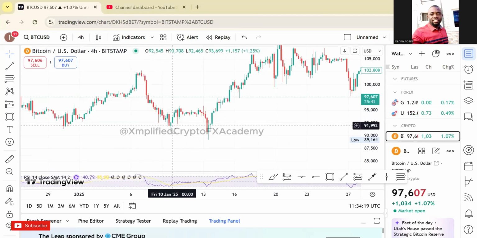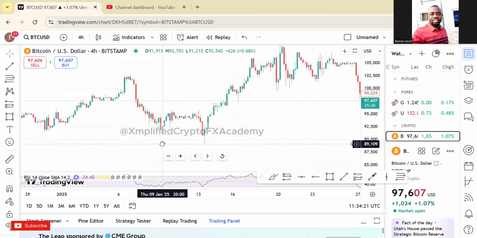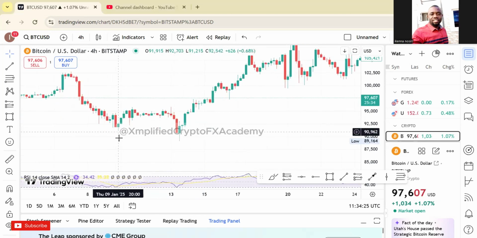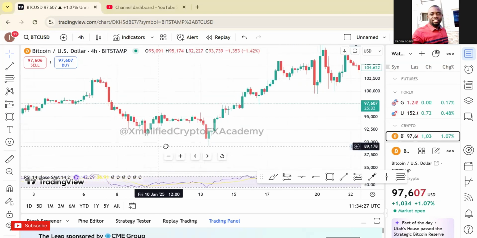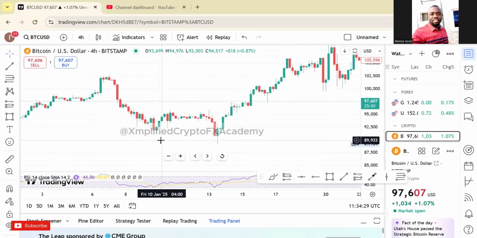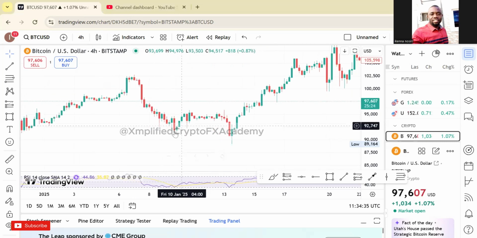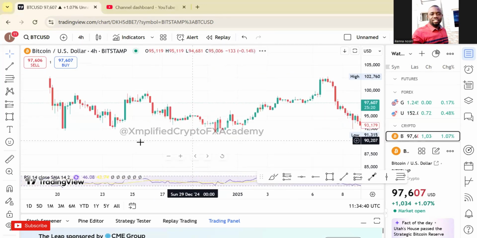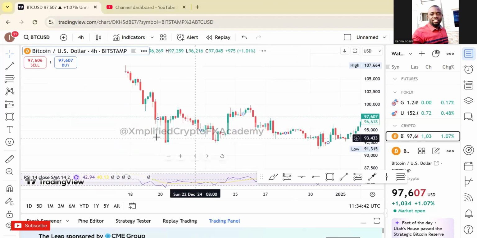But in this case, do we see anything that looks like a hammer? It has a tiny body and a very long wick, telling us rejection. Of course, we saw some, but this is not a good idea of entering. It's not a strong hammer indicator. So let's just keep going down using the 1-hour time frame.